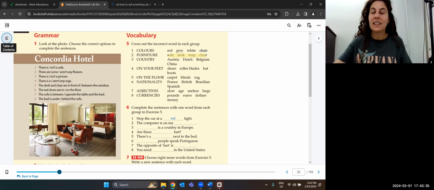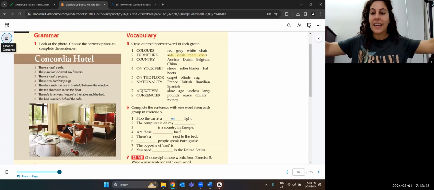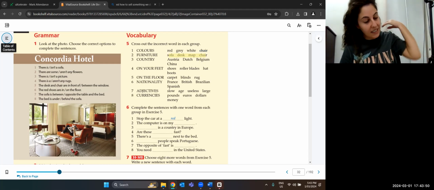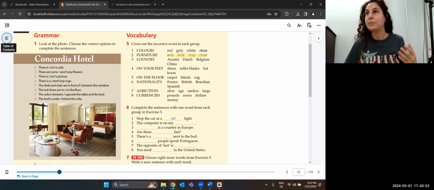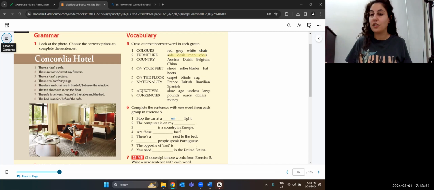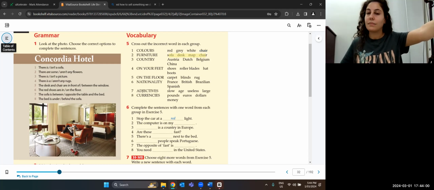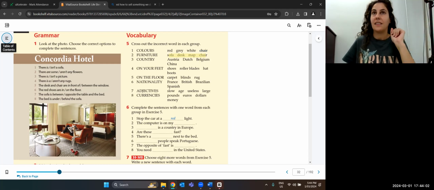So that was using prepositions of place, talking about what there is or what there are, or if it's a negative, and then just showing where its location is. Now, this was an example in a hotel room, but I could show you how you could use it when you walk down the street and you're saying, oh, there's a restaurant in front of the bank.